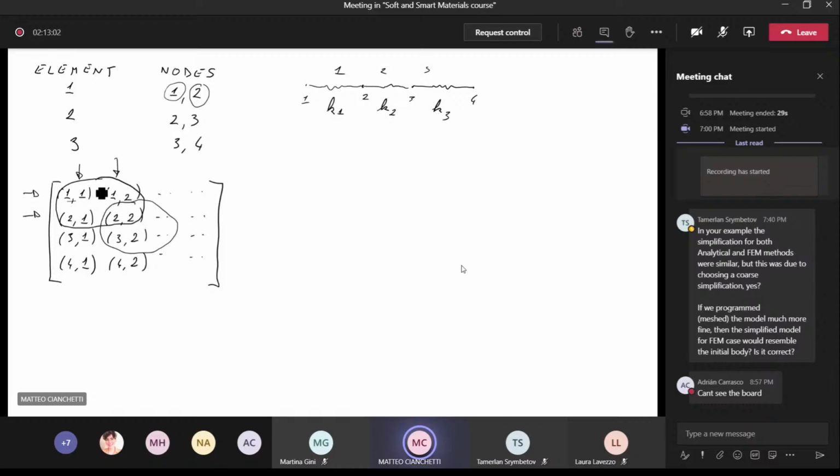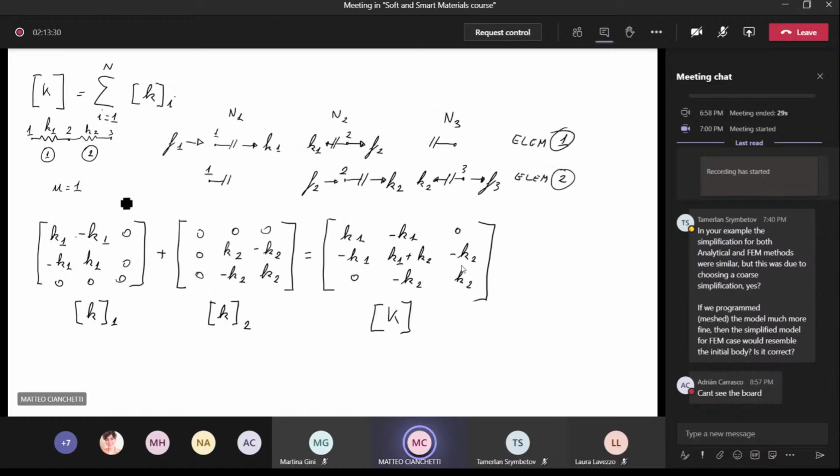Now, once you identified what are the elements where your K1 should appear, all the elements of the matrix that are in the diagonal will have the K positive. So in this case, 1, 1, and 2, 2. All the elements of the matrix that are outside the diagonal, so 2, 1, and 1, 2, will have a negative K.